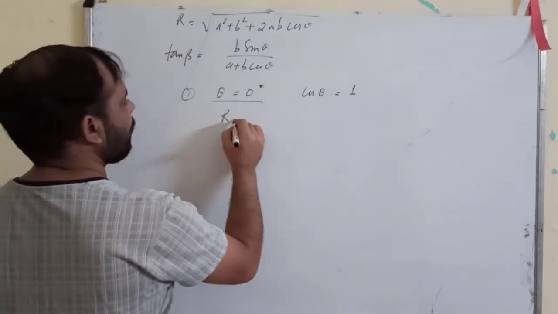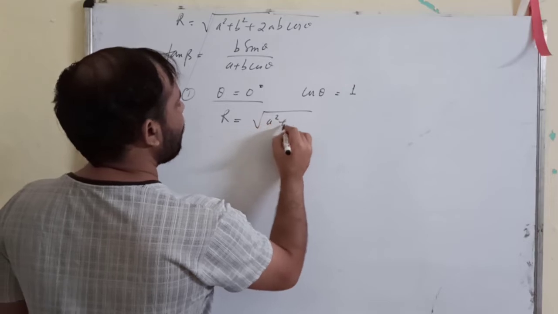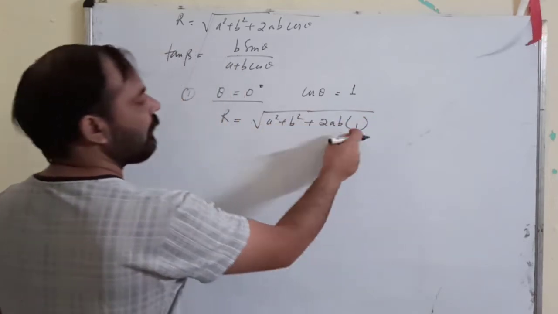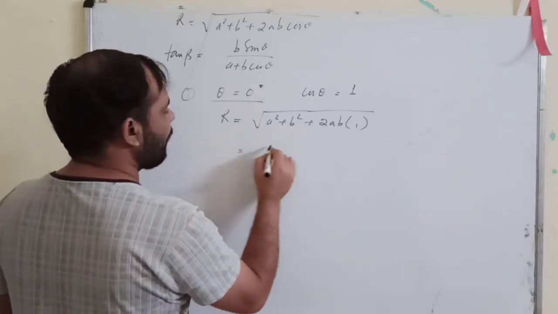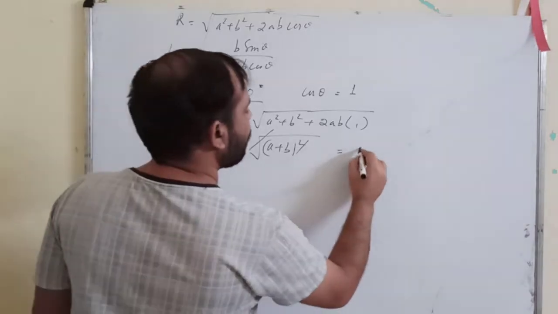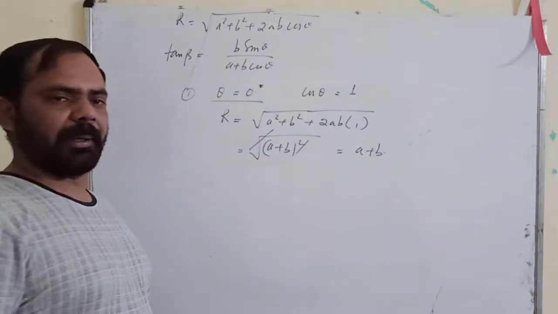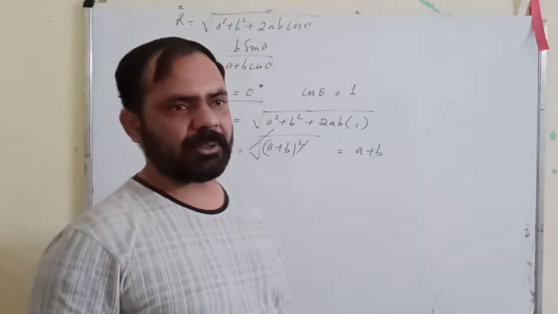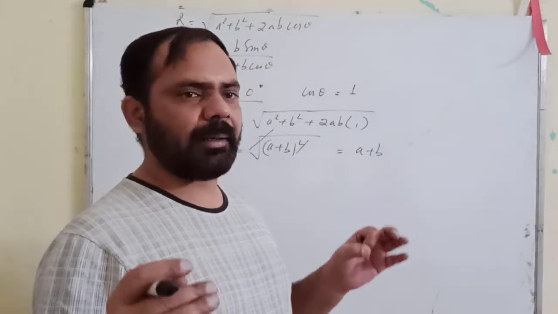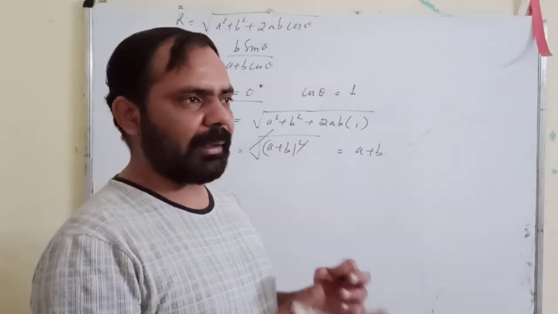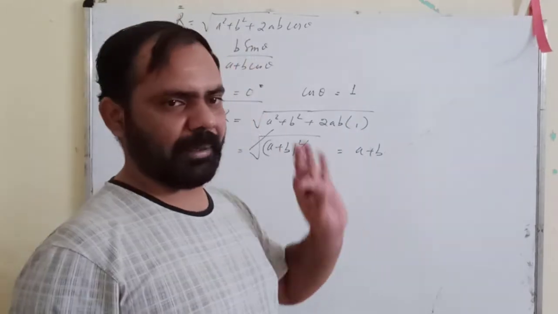So R is the square root of A square plus B square plus 2AB into 1. Now A square plus B square plus 2AB is A plus B whole square. The square and square root cancel, so R is A plus B. So if your vectors are in the same direction, then just like numbers you can simply add them.